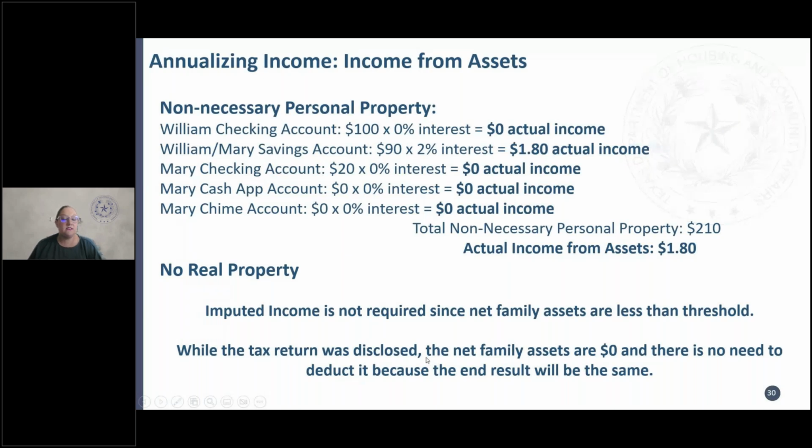And while the household did tell us about that $3,600 tax return, their net family assets are effectively zero for purposes of eligibility. So to deduct $3,600 from zero, we still have zero. So there was no real necessity in doing that. But it's not wrong if you did do that. We just don't work in negative numbers. So we want to be sure we're not including negative numbers on the income certifications.